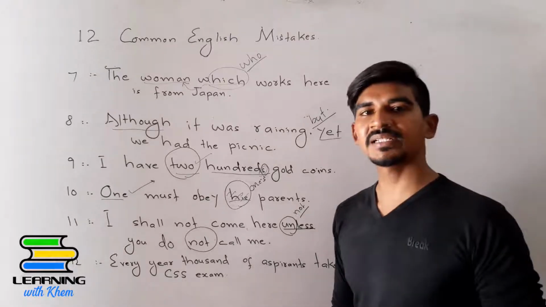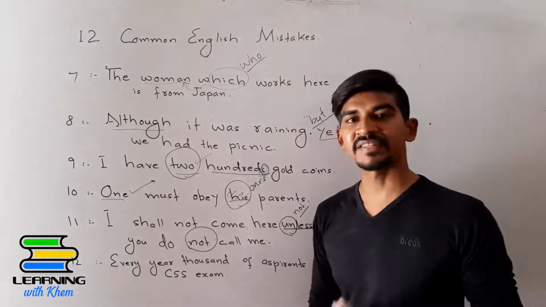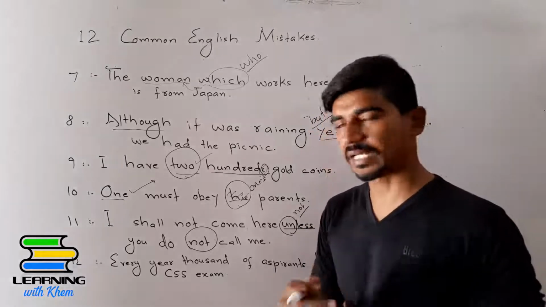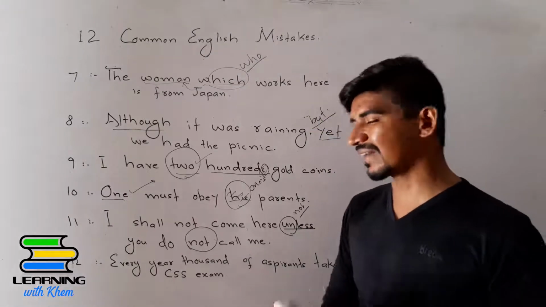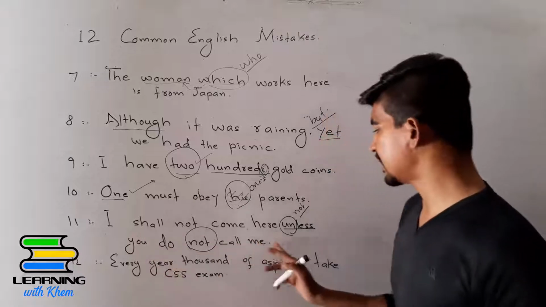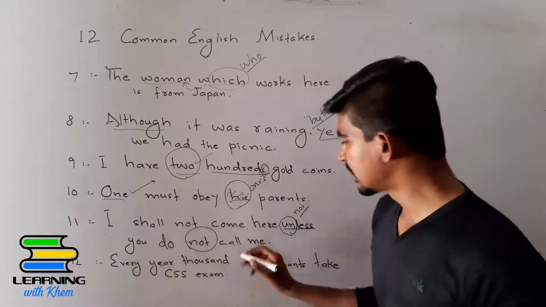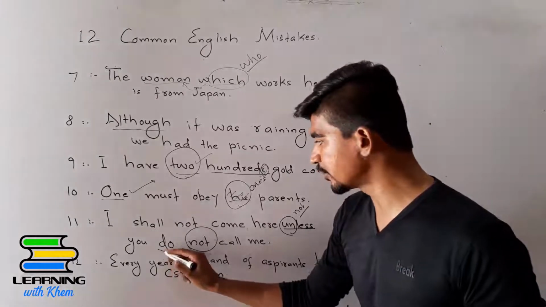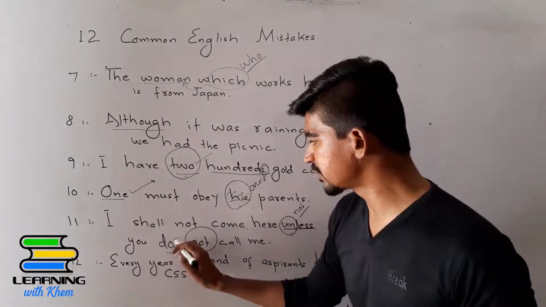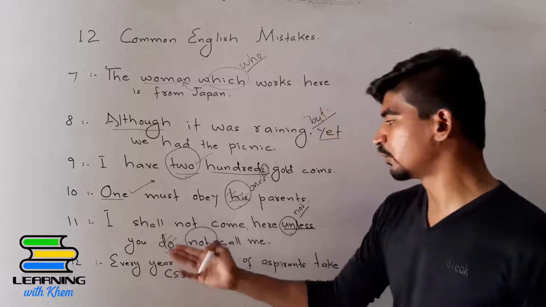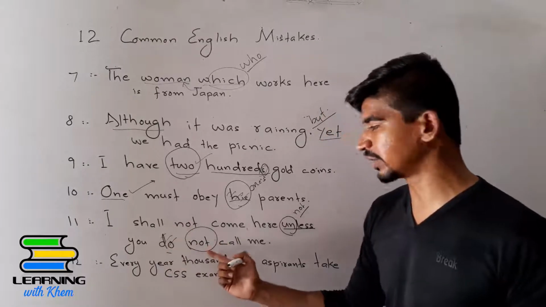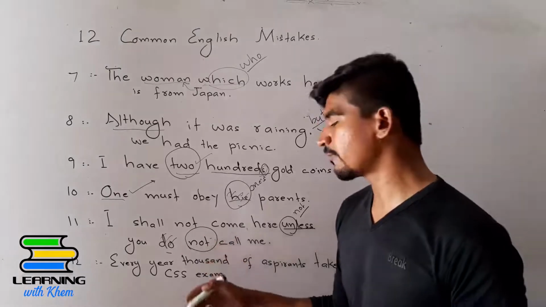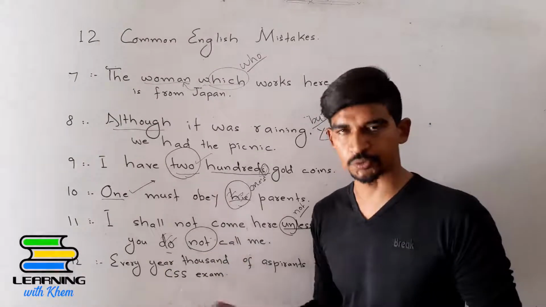We cannot make a sentence negative twice in one sentence. This is a grammatical mistake. So what will be the correct sentence? "I shall not come here unless you call me." We will also have to remove this "do," because we wrote the "do" in order to show our negative "not." So when we do not write "not," of course we will have to remove the "do" too.